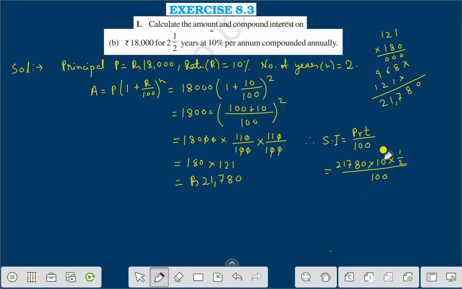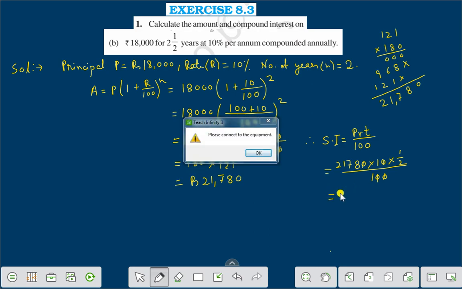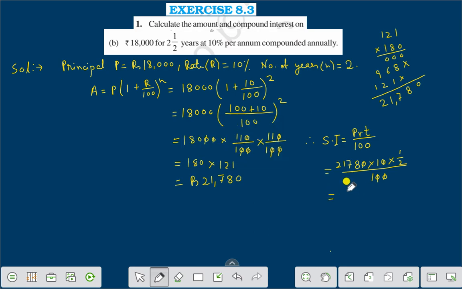Then these zeros will cut. If we divide by 2, 2 1 is 2, 2 0 is 0, 2 8 is 16, 2 9 is 18, we get 1089, rupees 1089.